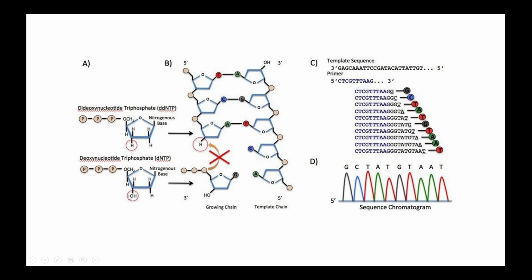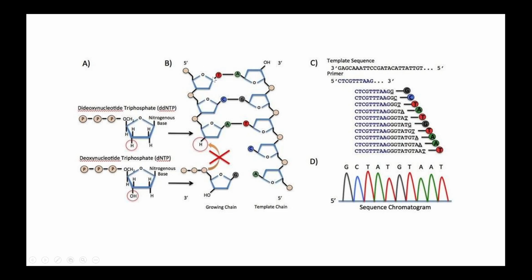From this 3' OH, the phosphate group of the next nucleotide reacts, and both of them react to form a phosphodiester linkage. But here, due to the absence of the OH group, chain termination happens.